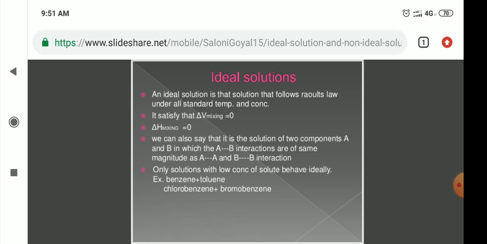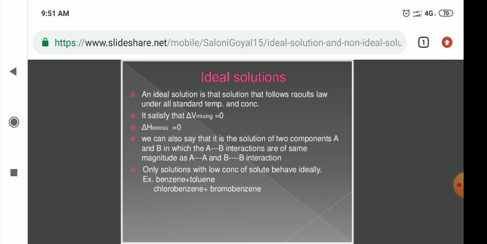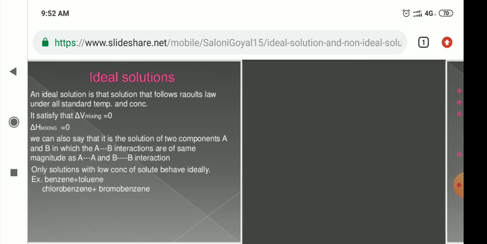We can also say that it is a solution of two components A and B in which the A to B interaction is of the same magnitude as the A to A and B to B interactions. Only a solution with low concentration of solute behaves ideally. An example of an ideal solution is benzene plus toluene, which are volatile components. A second example of an ideal solution is chlorobenzene and bromobenzene.